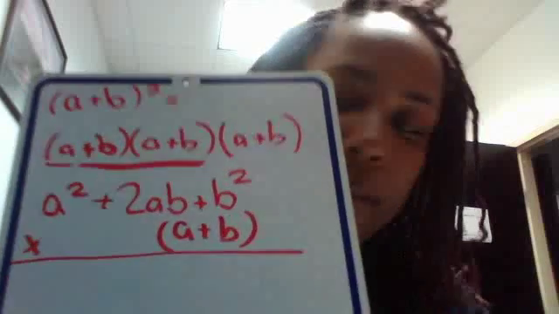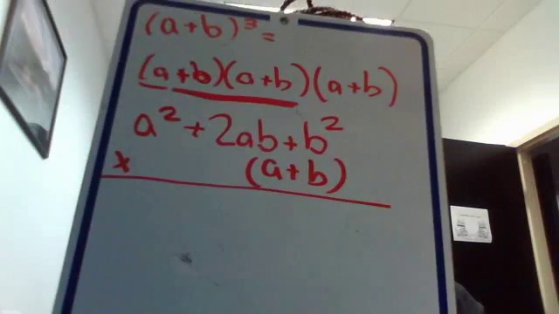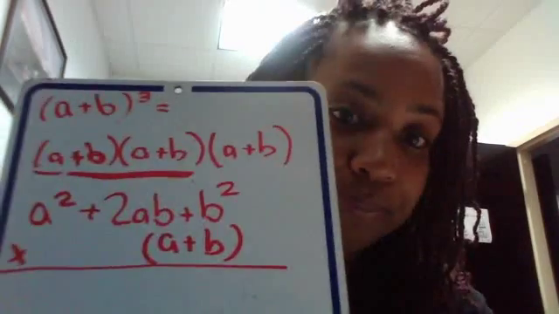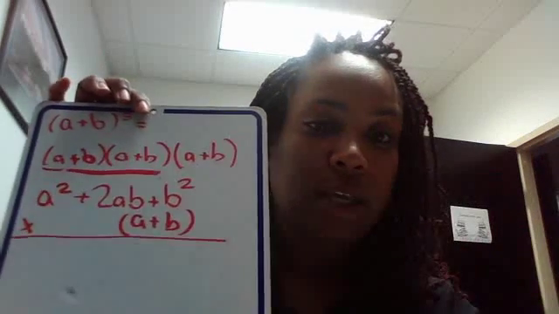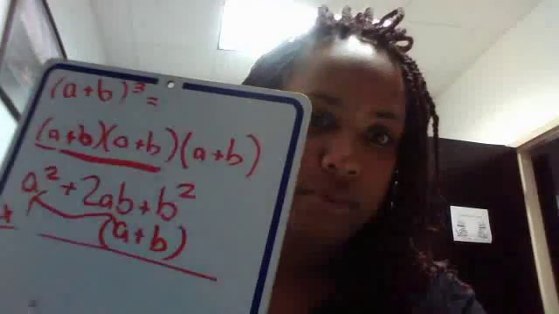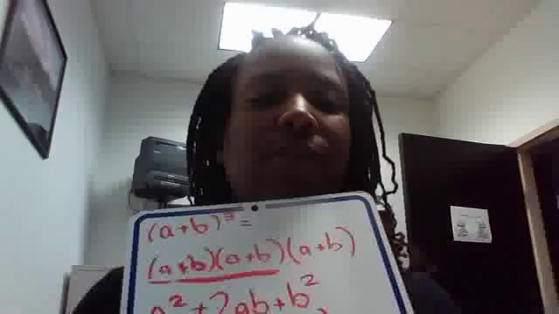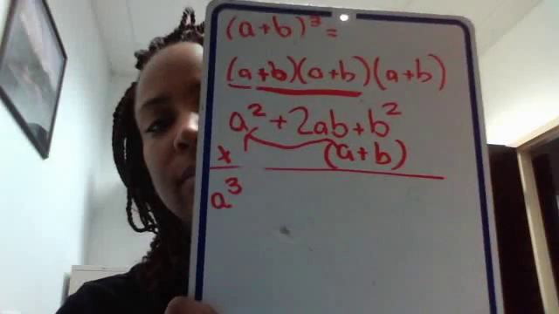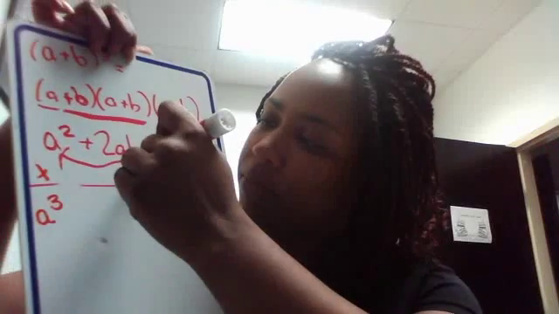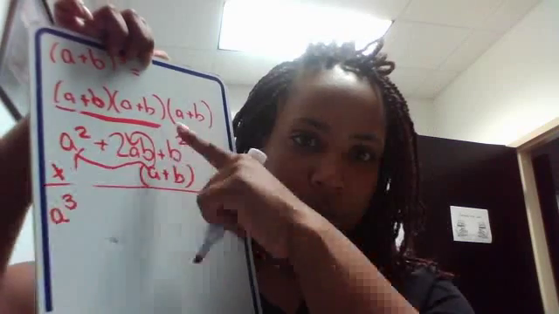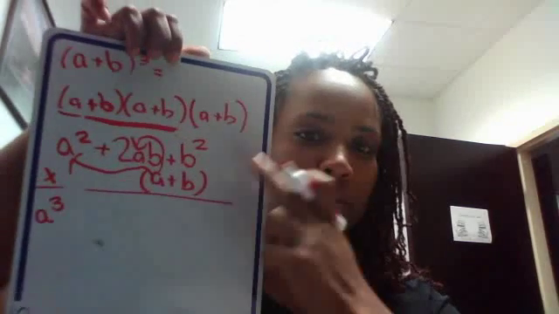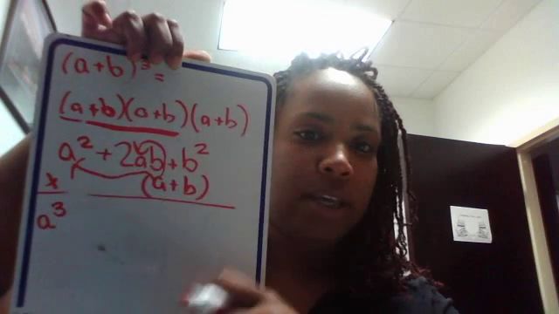Now I'm going to multiply both of those numbers by the top. So now I'm going to do A times A squared, which is A to the third, because there's 3 A's. Now I have to do A times 2AB. That is 2 times A, which is A what?